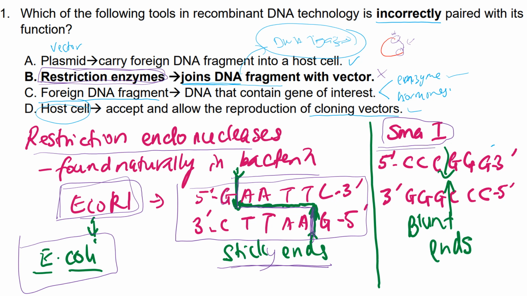The restriction site that SmaI cuts reads CCCGGG. It will cut straight and produce blunt ends. So these are the two different types of ends that different restriction enzymes produce. So statement B is incorrect. So that is the answer.